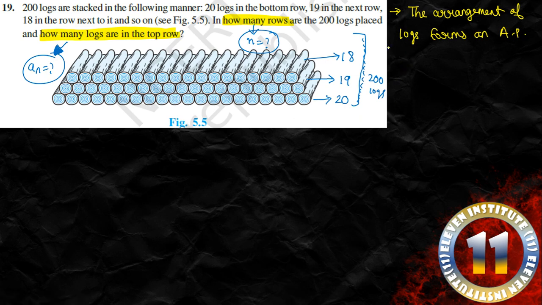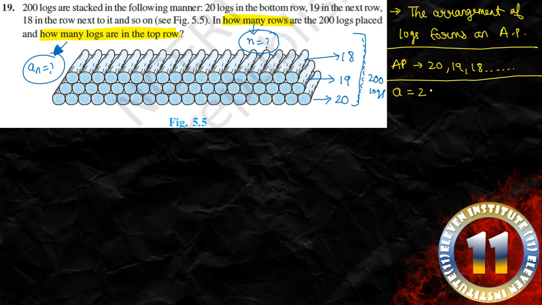And what is that arithmetic progression? 20, 19, 18, and so on. So based upon this we can write that the first term is 20, the common difference is 19 minus 20, so that is minus 1.